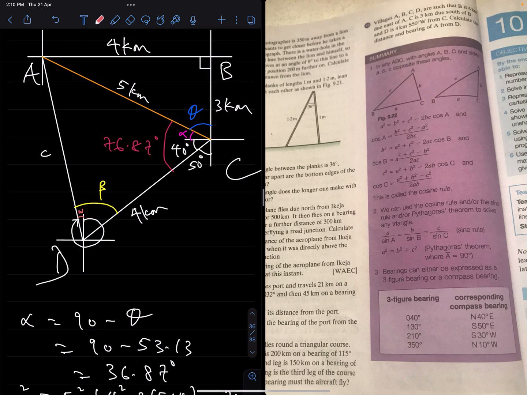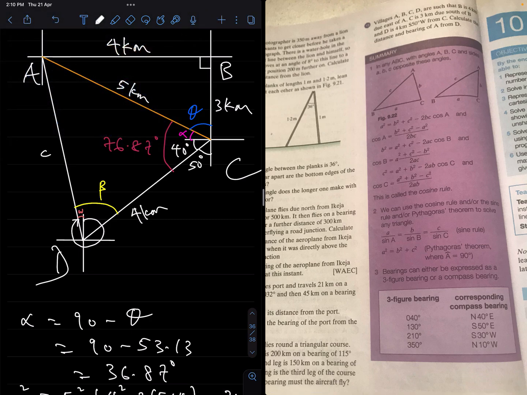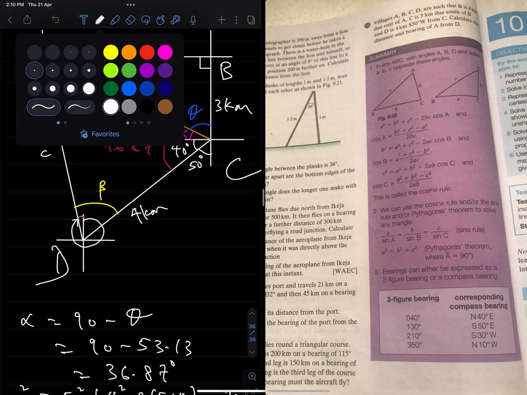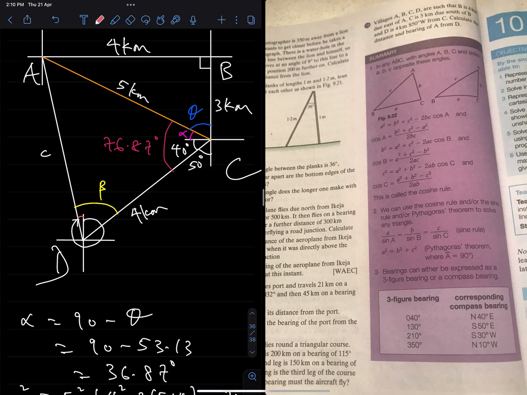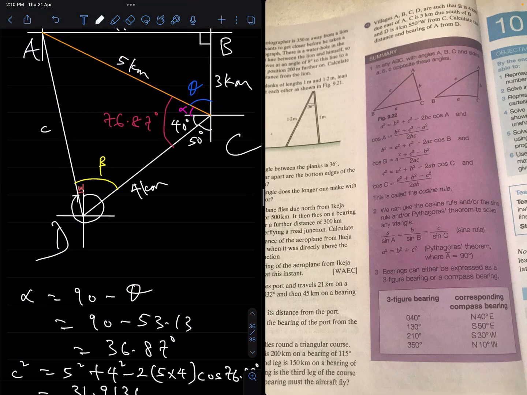So if this is 40 degrees, this is also 40 degrees.